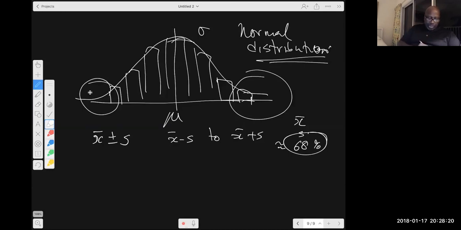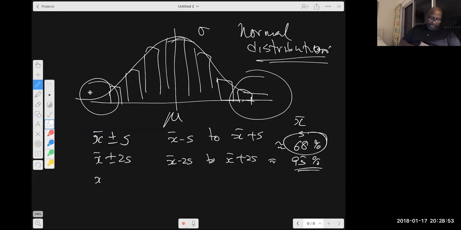If I now go to 2 standard deviations, so I'm making the interval larger, X bar plus or minus 2S, so I'll calculate X bar minus 2S to X bar plus 2S, then that is 95%. So if I count how many values in the data are in that range, inclusive, about 95% of the values will fall in that range.